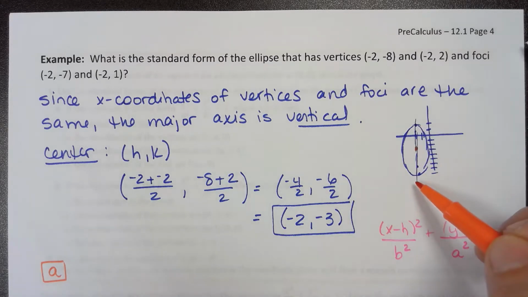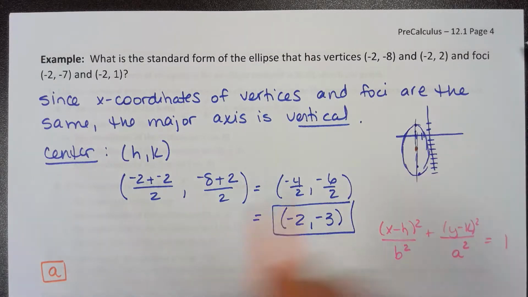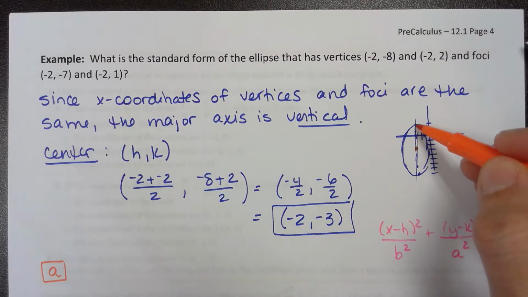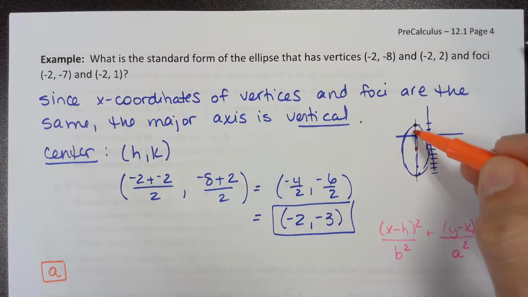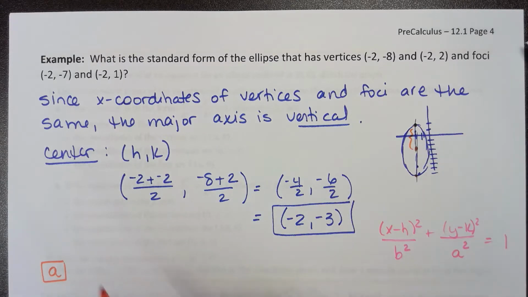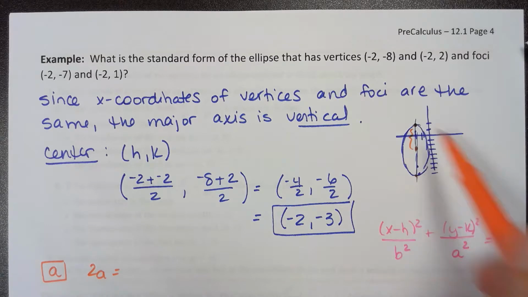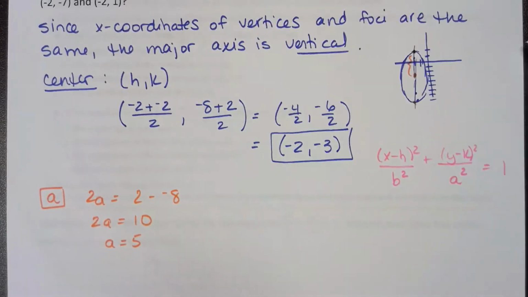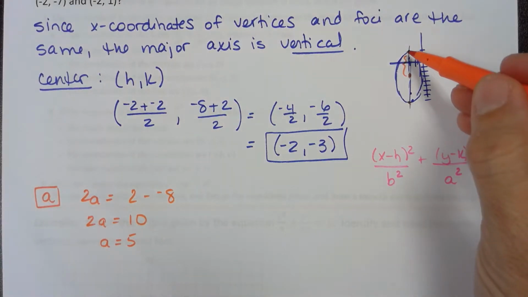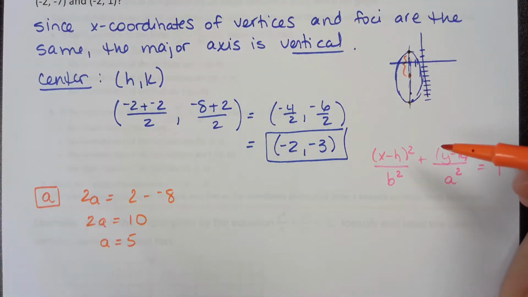So from this vertex to this vertex is 2 times a, because one of those is a. So 2a is equal to, well, what is the distance from here to here? We could say that is 2 minus -8. So 2a is equal to 10, which means a is equal to 5. You just need to know the distance from the vertex to the center, and that's going to give you your a value. Okay, so we have a.